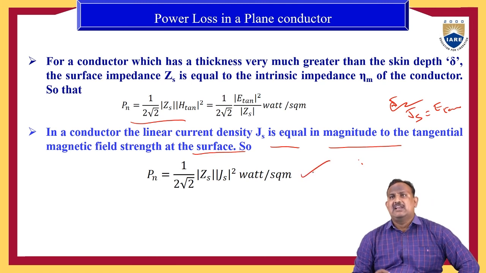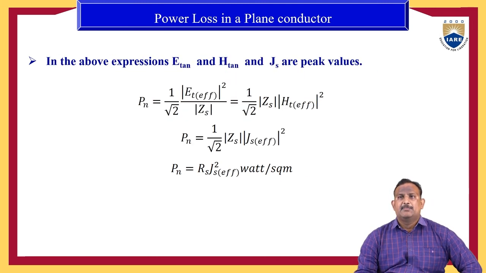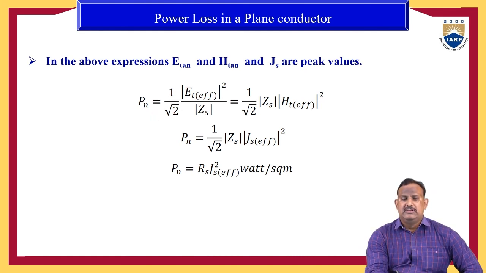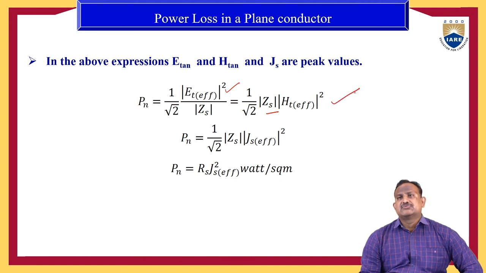So this is the power loss in a plane conductor. In the above expression, E tan, H tan and Js are peak values. Therefore, the normalized power is equal to 1 by 2 root 2 into E tan effective square by mod Zs, or 1 by root 2 into Zs into H tan effective square.